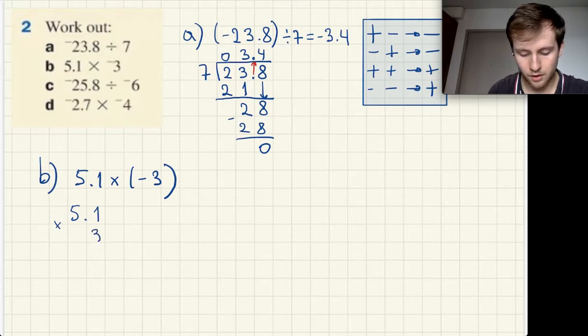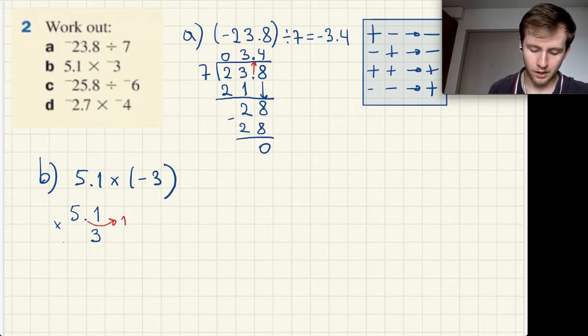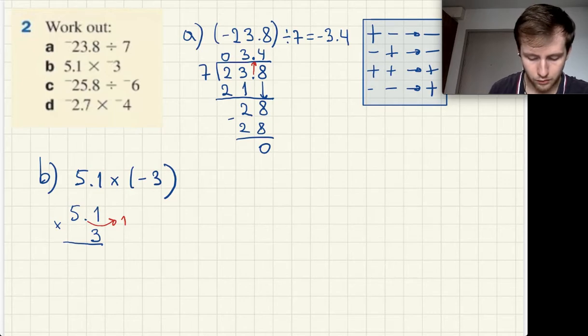times 3. So the way to do multiplication is we can take the point out. We can take it out, but we have to remember how many steps we had to take this point out. How many numbers were behind the point. So in this case it's one number. There is one number behind the point. And then we just do a normal multiplication. So we just do 51 times 3, which is equal to 153.